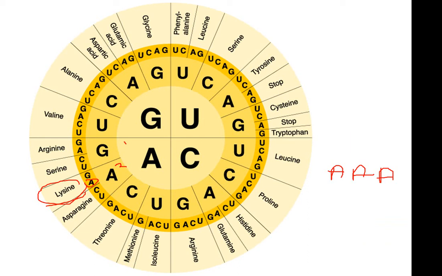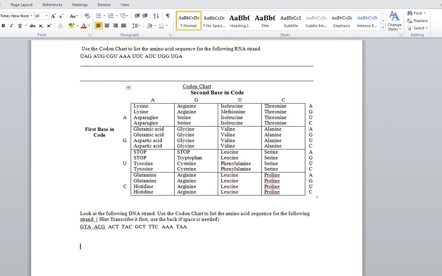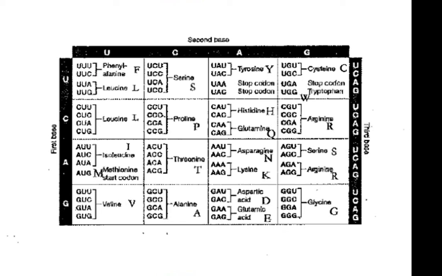A lot of students like this because it's got the wheel. What I would do is go back to this handout, and all these ones that you did with the codon chart, the box, go back and try it with the wheel and confirm that it's the same ones. Now I just did AAA.